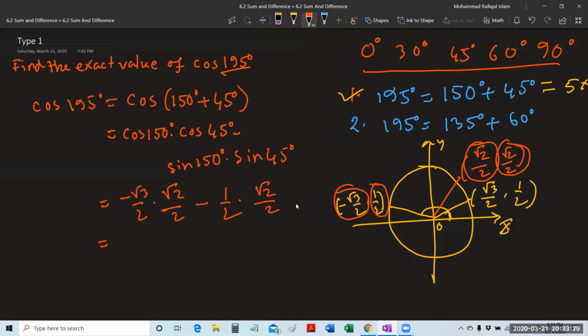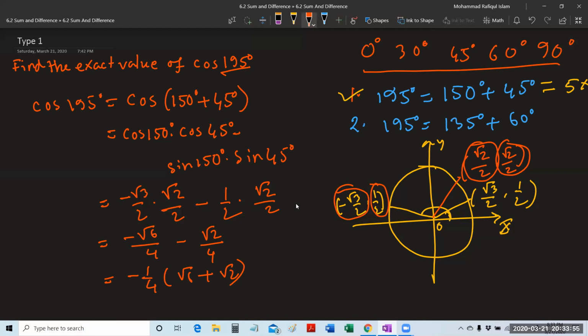So if we simplify this, we get negative root 6 over 4 minus root 2 over 4. So we can keep our answer like this, or we can also simplify this as negative 1 over 4 times root 6 plus root 2, or we can leave it like that.